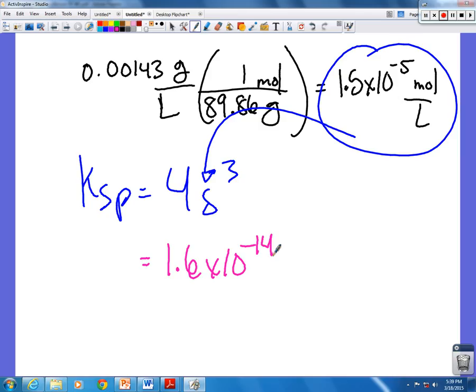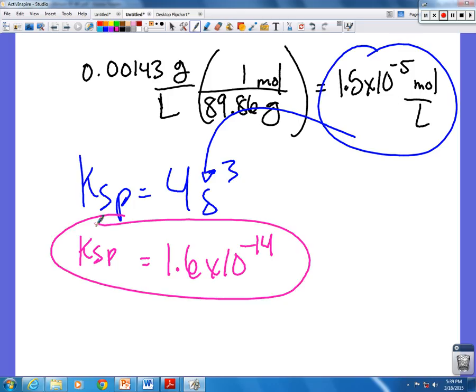Does this number have a unit? Yes or no? What did you solve for? You solved for K. It has no unit.